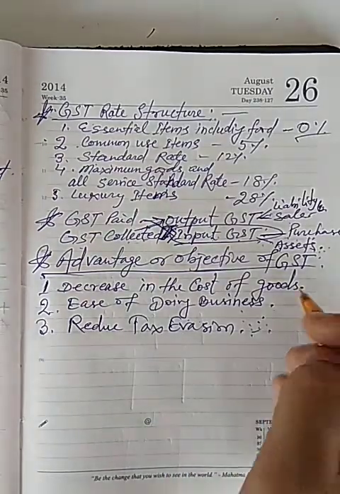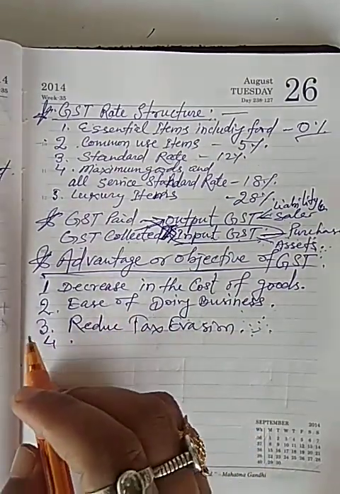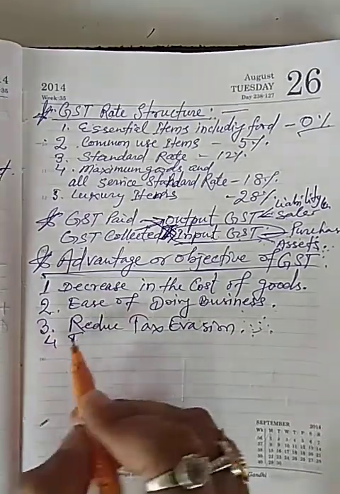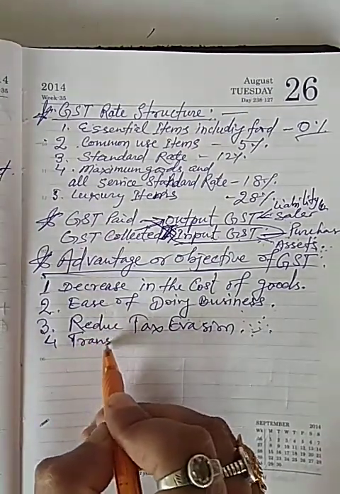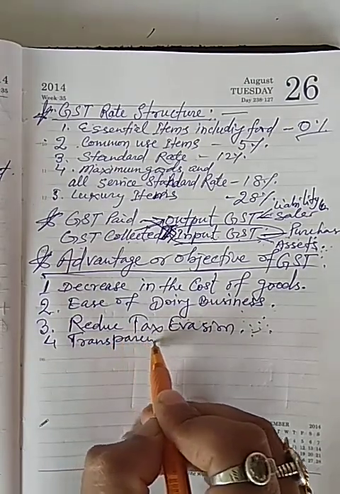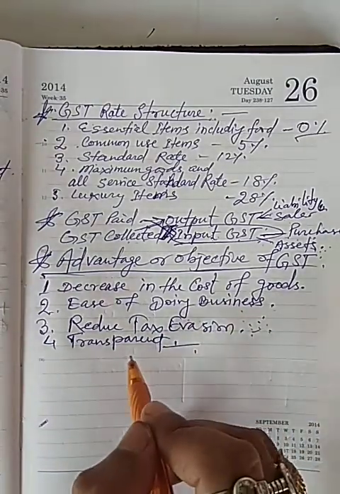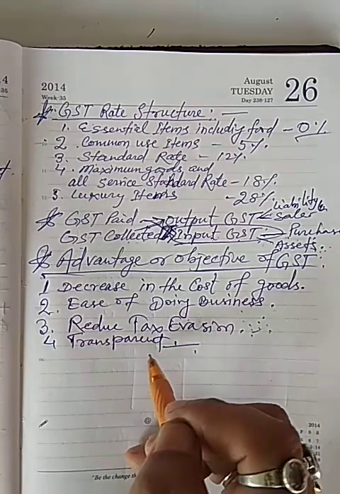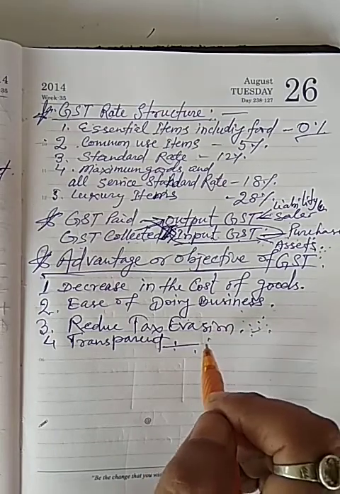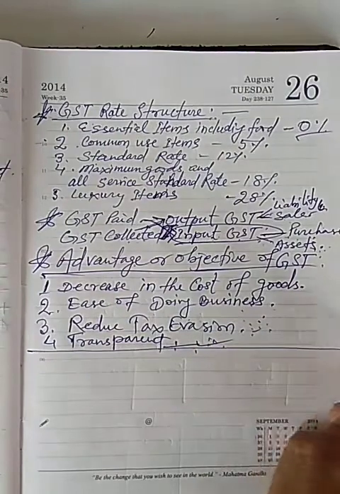Fourth may be transparency. The tax system becomes more transparent, regular and predictable. So these are the advantages of GST.